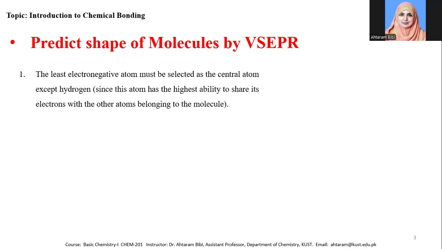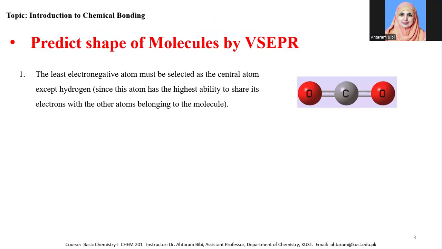In valence shell electron pair repulsion theory, the least electronegative atom must be selected as the central atom, except hydrogen. For example, we can see here the carbon dioxide molecule. Carbon is least electronegative as compared to oxygen. Therefore, carbon is at the center, and the other electronegative atoms are linked to the central atom, carbon.